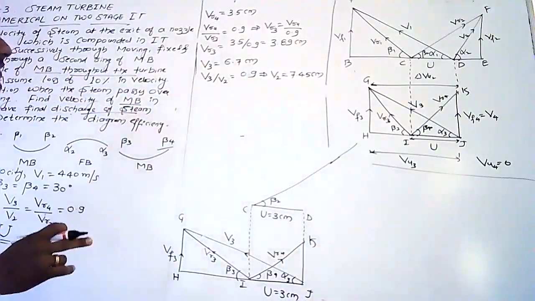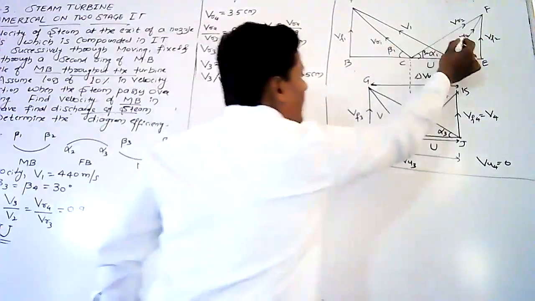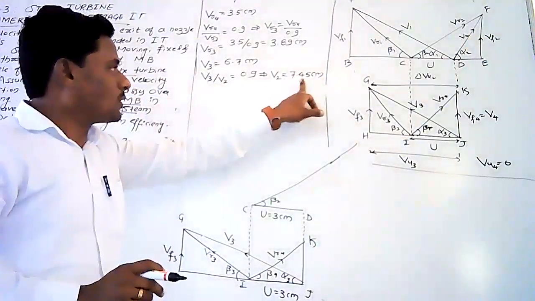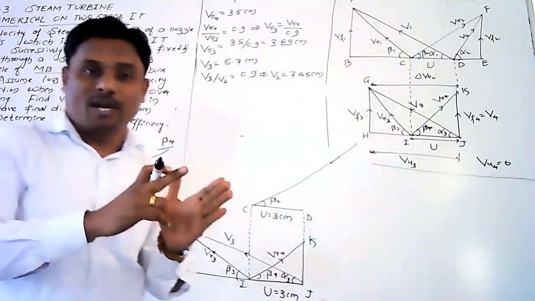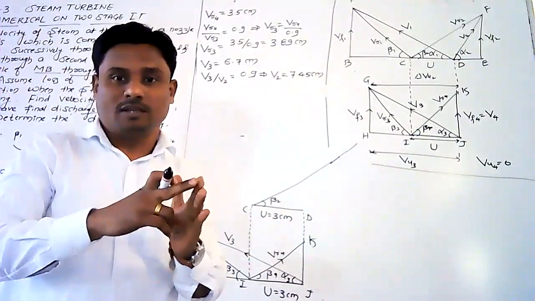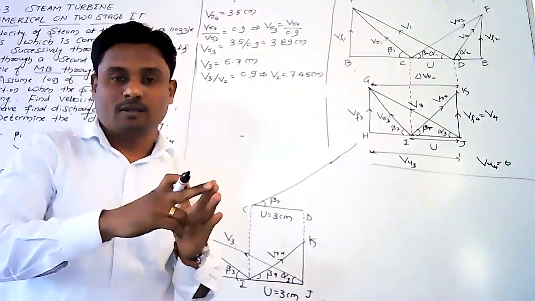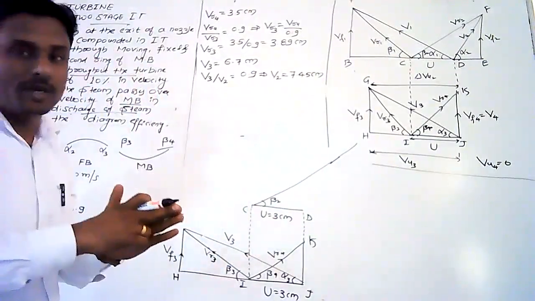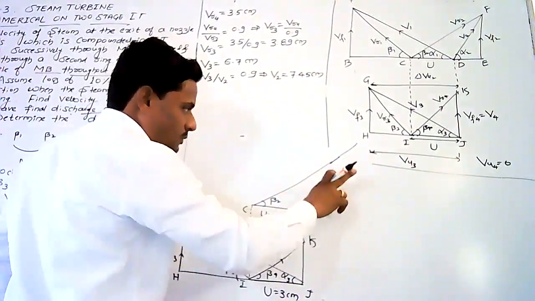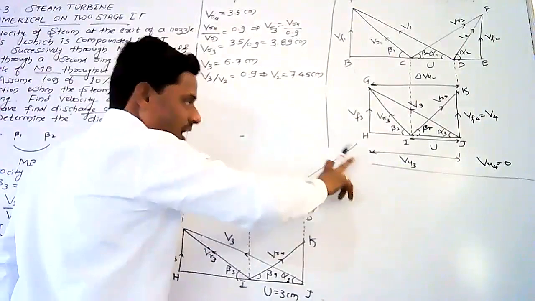Now we know the dimension of V2. V2 is emerging from point D, so that is 7.45. Using the divider, adjust the length 7.45 from your scale. Now keeping D as the fixed center point, cut an arc.